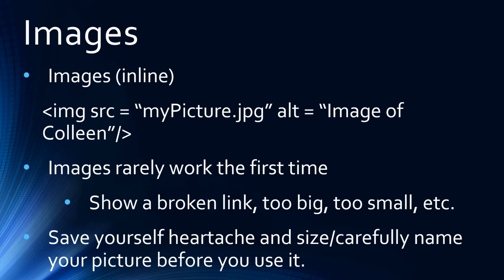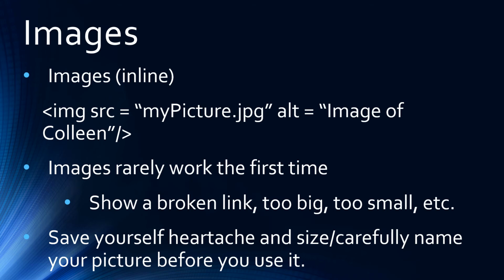If you have the little broken picture, this will allow some sort of text to show up to help people realize what it is you're trying to show. So in this case, we have one tag, which you can tell because of the brackets, and two attributes, source and alt.